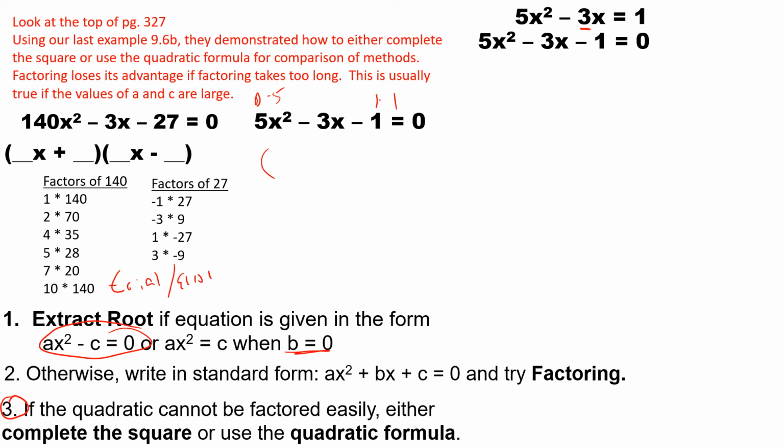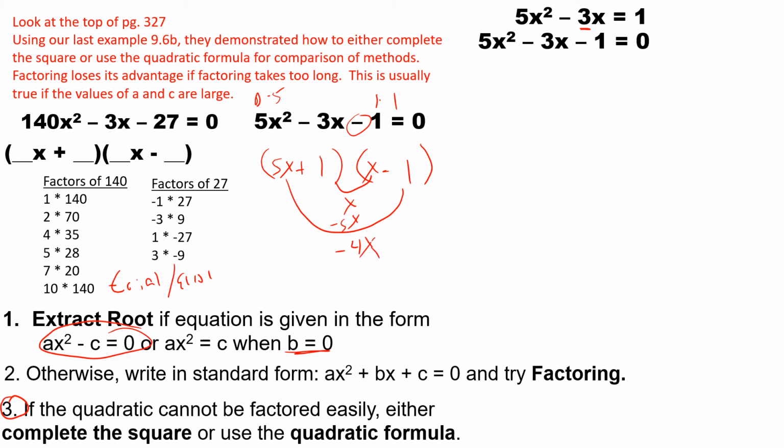So if I go ahead and factor this, I'm going to have 5x times x. This is a negative, so I'm going to have opposite signs. The factors of 1 are 1 and 1. I'm going to do the check step for the middle term. This gives me 1x. This gives me a negative 5x, which gives me a negative 4x. And it wouldn't help to switch anything.